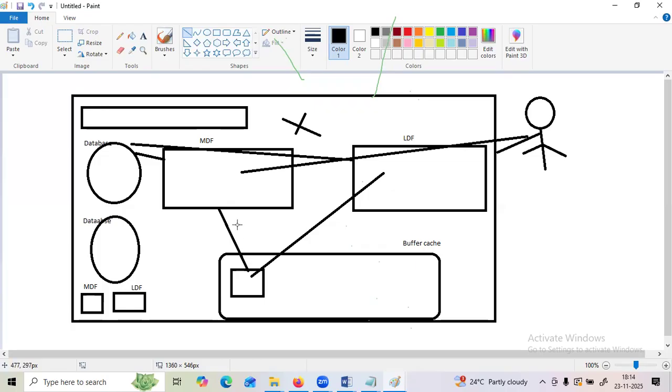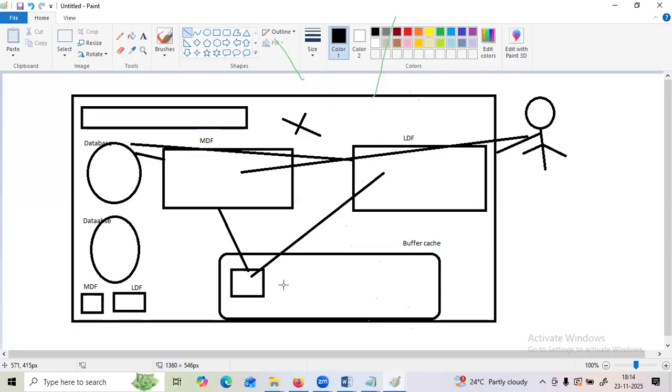The pages to be modified may be a single page or multiple pages, because sometimes, based on the user request, one page or multiple pages or an extent has to be modified. That data will be put into our buffer cache.